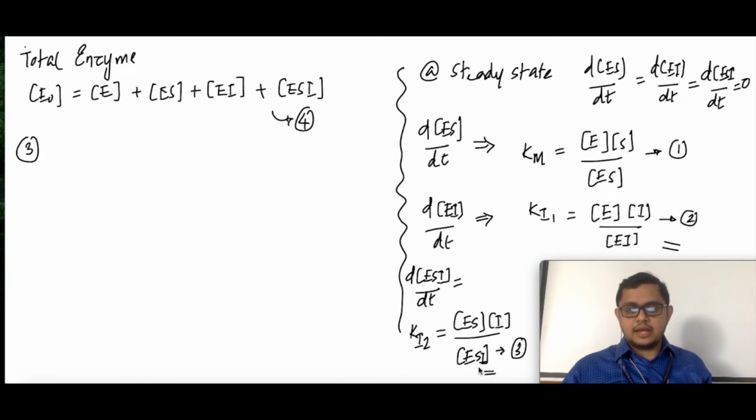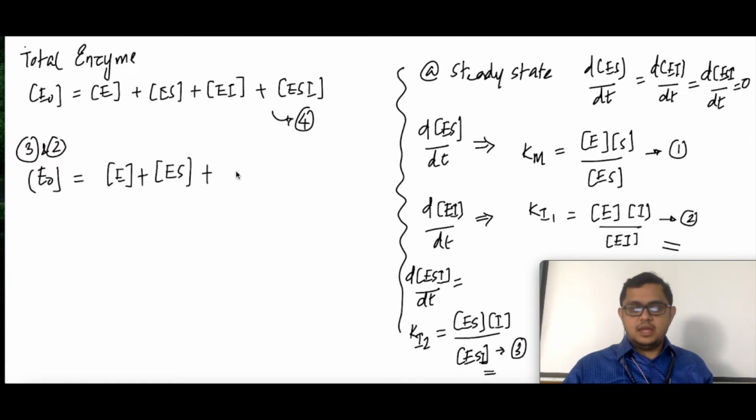From this, if you want to calculate ESI, ESI is nothing but ES into I by Ki2. Similarly, in equation number 2, we can find out what EI is. So both 3 and 2, I am going to substitute here. So it becomes E plus ES.